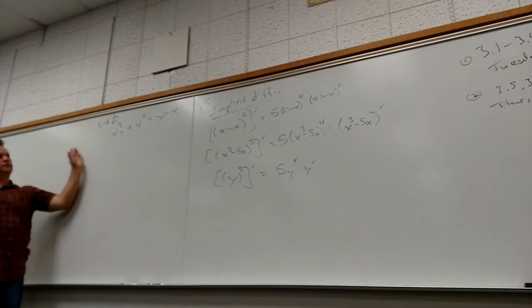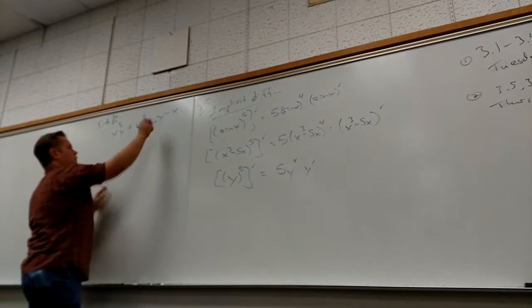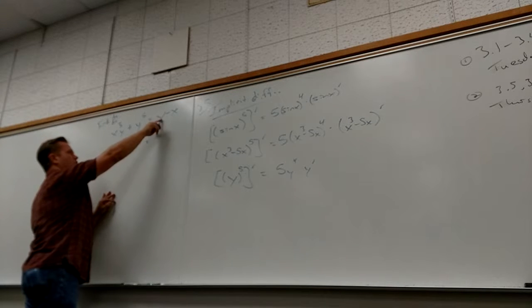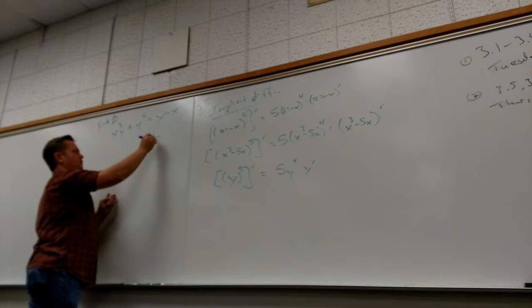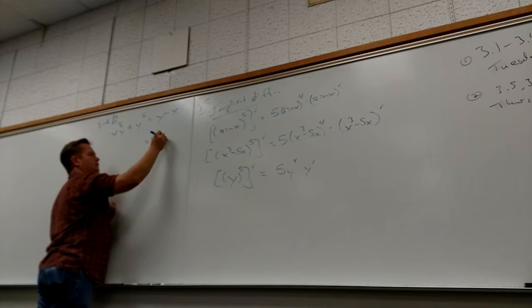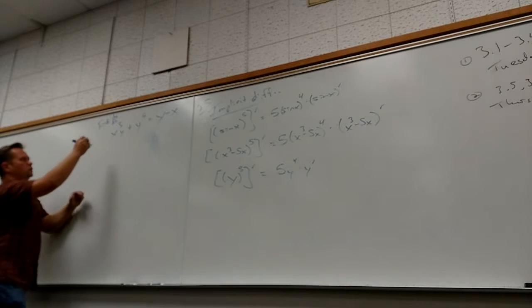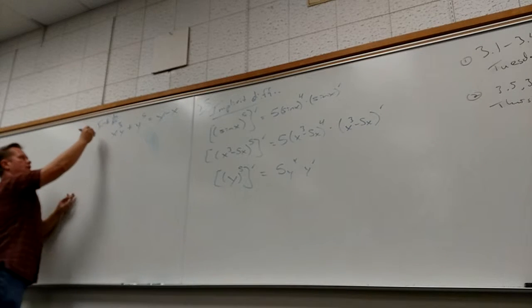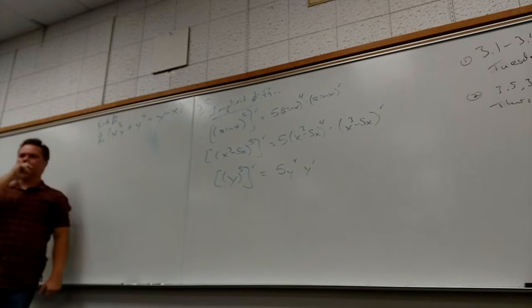So to find this, I have to take a derivative of both sides. Let's do this side first. What's the derivative of y? dy/dx. What's the derivative of x? So what am I doing to both sides? I'm applying the d/dx to both sides.